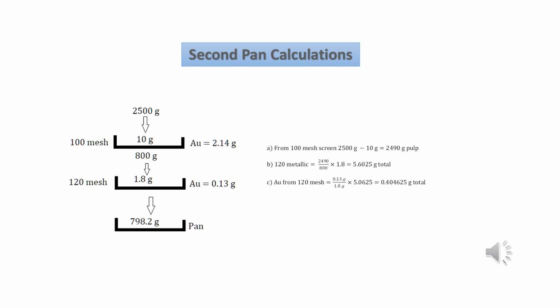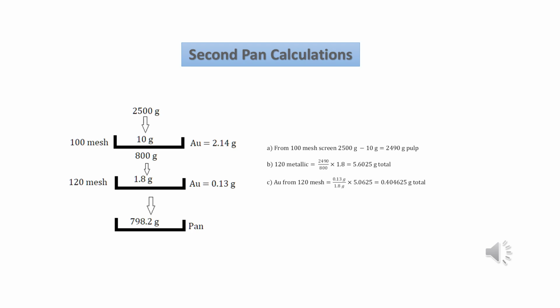You take that 2,490 grams that you had left over from the first screen, divide it by the 800 grams that you've taken, and then multiply that by the 1.8 grams that was left on that second screen. That'll give you an estimated amount of 5.60 grams of metallic that you would have had on that screen if you used the full 2,490 grams of pulp.